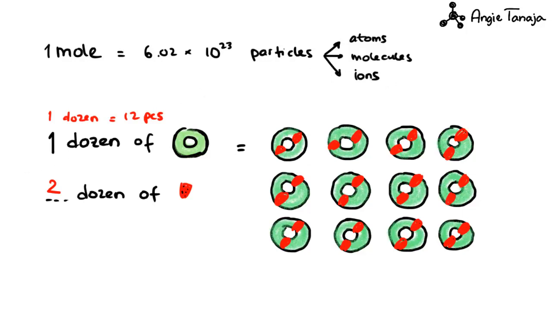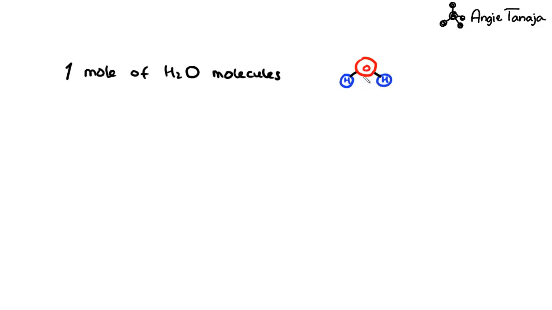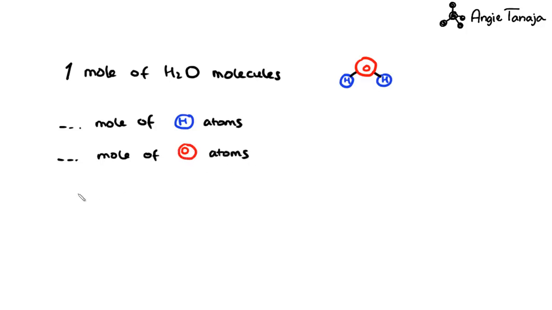Now let me test you. For example, we have 1 mole of H2O molecules. So this one is H, and this is the O. Now, how many mole of H atom that we have? How many mole of O atoms that we have?